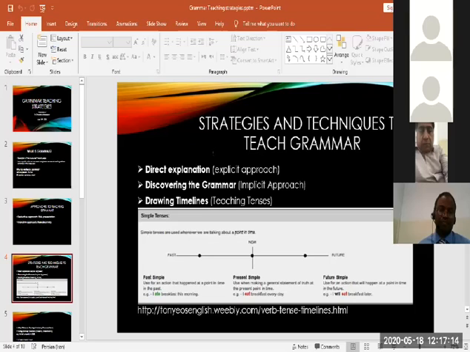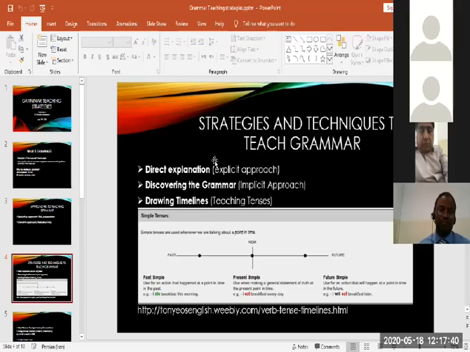The second one is discovering the grammar, or the implicit approach, as we already talked about. During this grammar discovering, rather than explaining the rules, we as teachers give a text to the students. This text contains many instances of the target form.